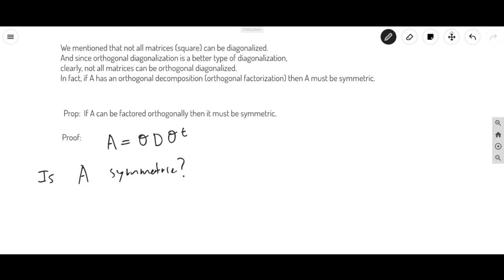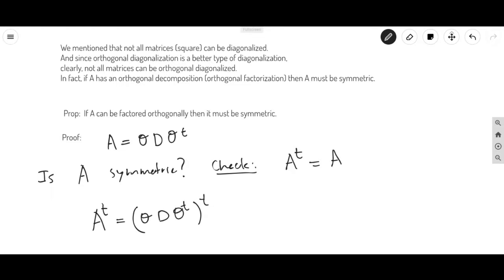So how do you check if a matrix is symmetric? This is what you have to check: you have to check if the transpose is the same thing as the original matrix. That's what it means to have symmetry, that if you interchange the rows and the columns, the matrix does not change. So let's actually do that. If you do A transpose, that would be equal to the transpose of O D O transpose, because you are taking the transpose of this.